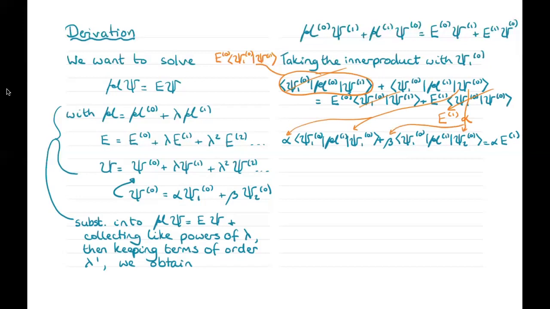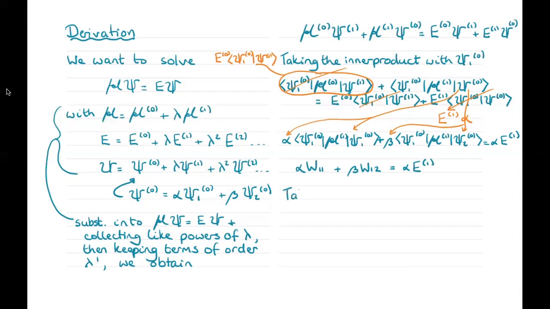Okay, we can do the same thing. Let's first write this more compactly as alpha W11 plus beta W12 is equal to alpha E1, where W11, W12 have the same meanings we introduced before.